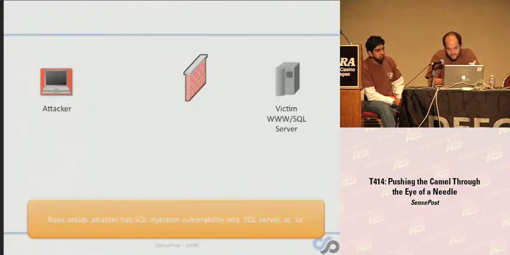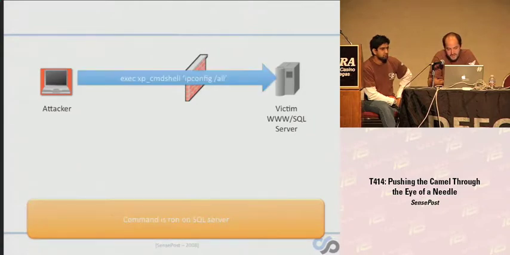So to provide another schematic on how the DNS exfiltration worked, we had the attacker going through some kind of filtering device that only allowed our web traffic to go through and outbound DNS. A victim SQL server. The attacker issues some kind of command to create data. In this case, he issues a command that will be executed.